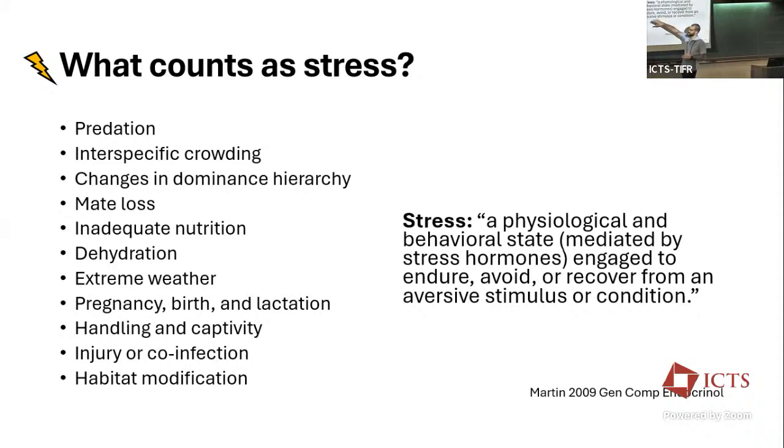In very social species, change in the dominance hierarchy can be very stressful. In chickens, for example, there's the pecking order. If your dominance hierarchy changes, the ones who are lower in the hierarchy can experience lots of stress from that change. For species that mate with a single mate for life or for a long period, the loss of a mate can be extremely stressful.